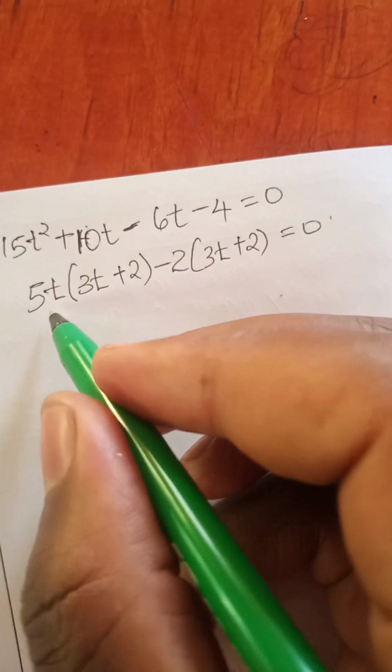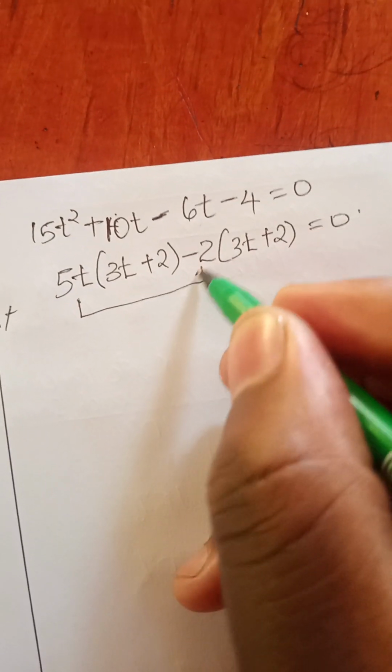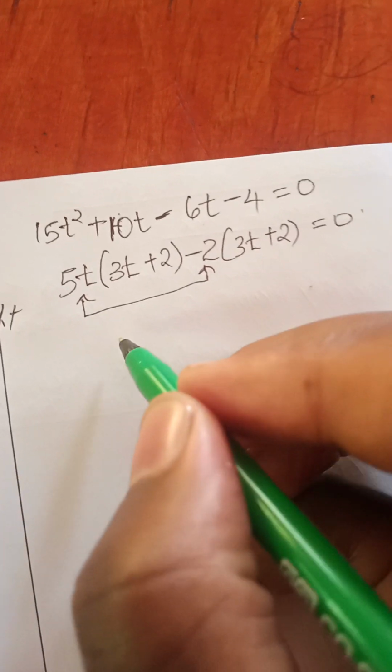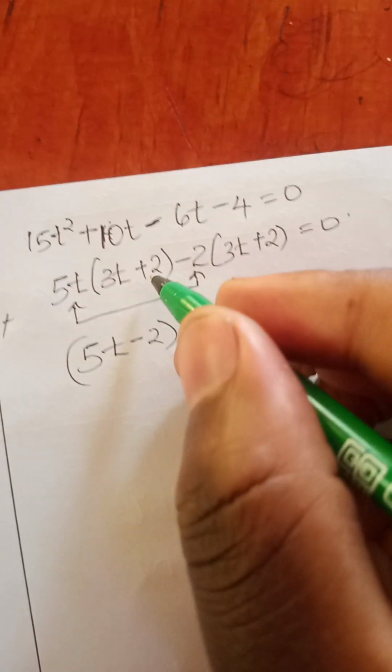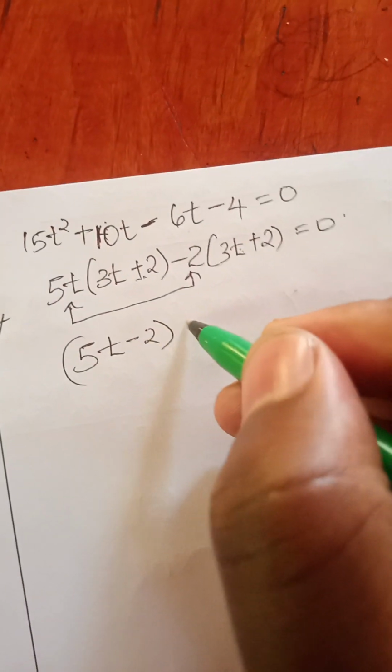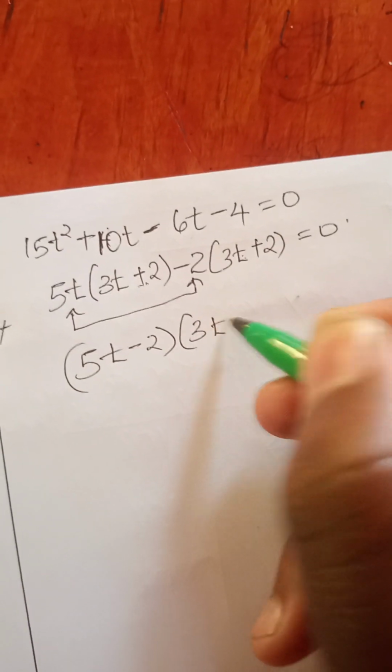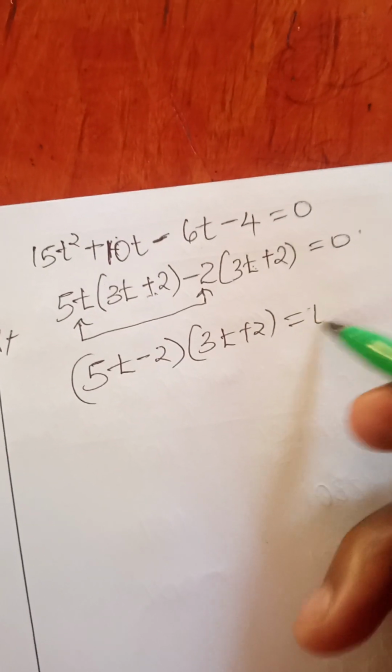Like terms, now we take these two terms and group them together. So we shall have 5t minus 2. And since these two are similar, we pick one of them as 3t plus 2.